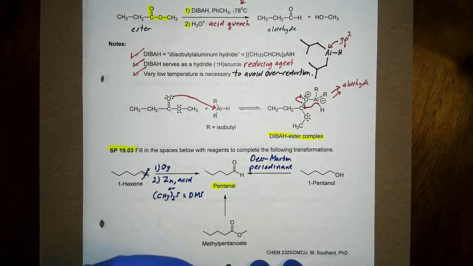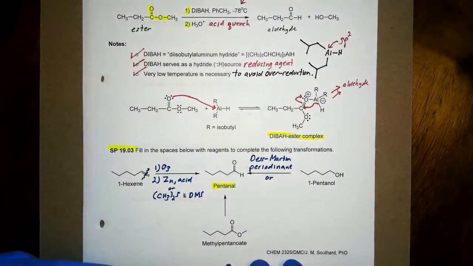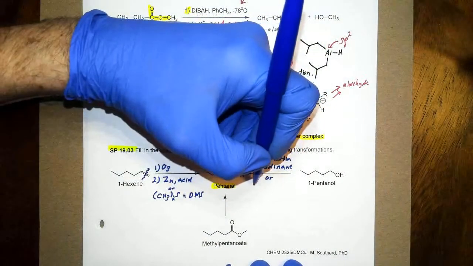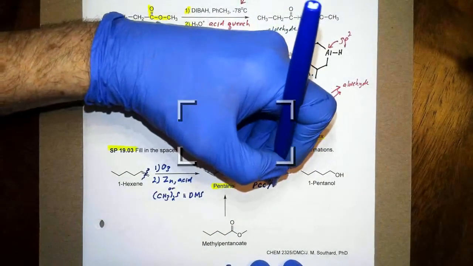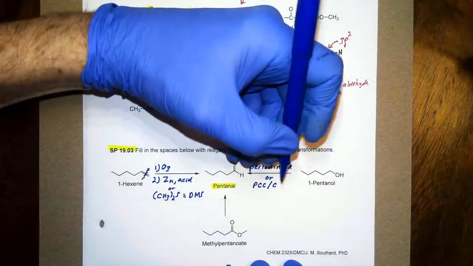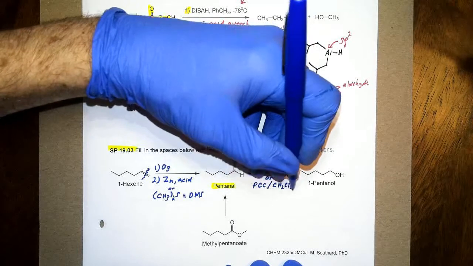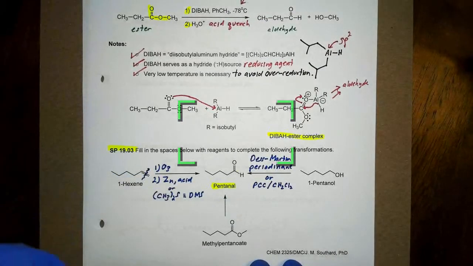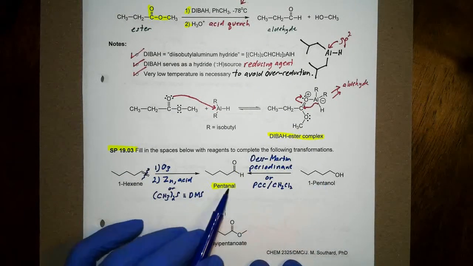The cheaper way, but very effective, is simply to use PCC, which I referred to earlier as pyridinium chlorochromate. And technically, if you do a PCC oxidation, you really need a chlorinated solvent. It doesn't work very well with ordinary solvents. But either of these approaches would result in the oxidation of a primary alcohol to an aldehyde.